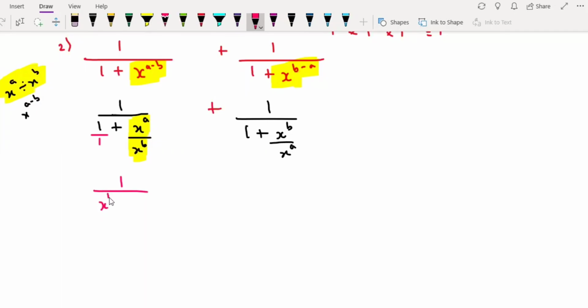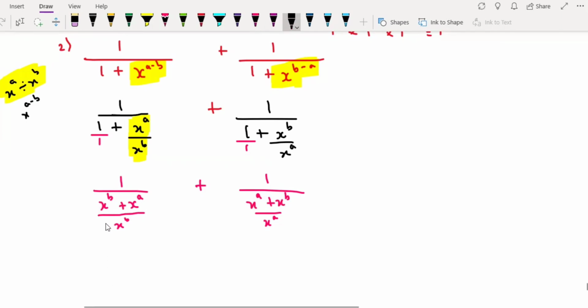So x to the power of b plus x to the power of a, divided by x to the power of b. Plus, the same thing with the second term: the first term has nothing in the denominator, so we write 1. Our LCM is going to be x to the power of a. So x to the power of a plus x to the power of b.